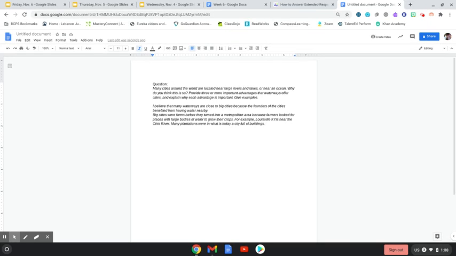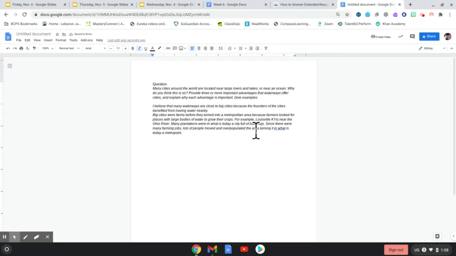Then I can say, since there were many jobs, many farming jobs, lots of people moved and overpopulated the area, turning it into what is today a metropolis.